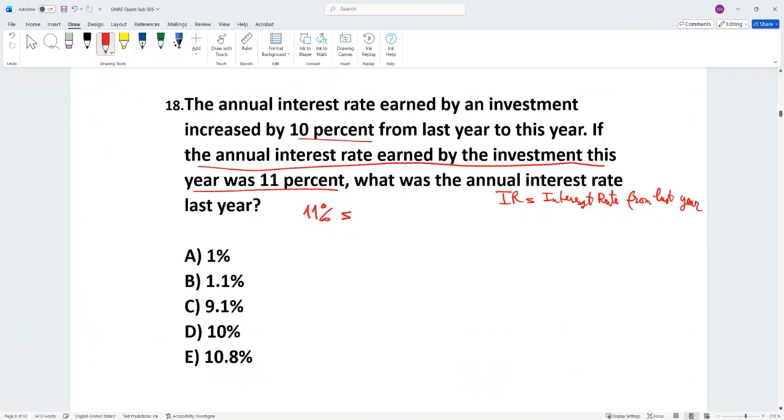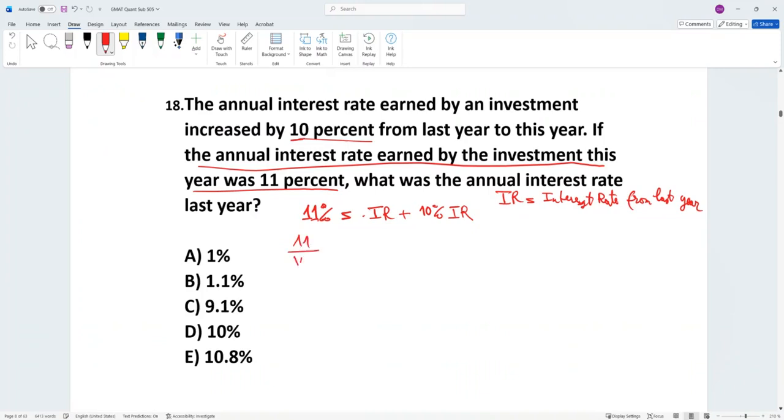Okay, and what it is saying is that 11% is actually an increase of 10% of last year's interest rate. So it's simply equal to IR plus 10% of IR, which is giving us the 11%.